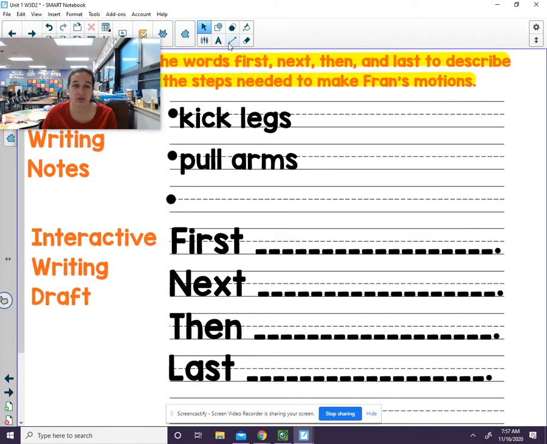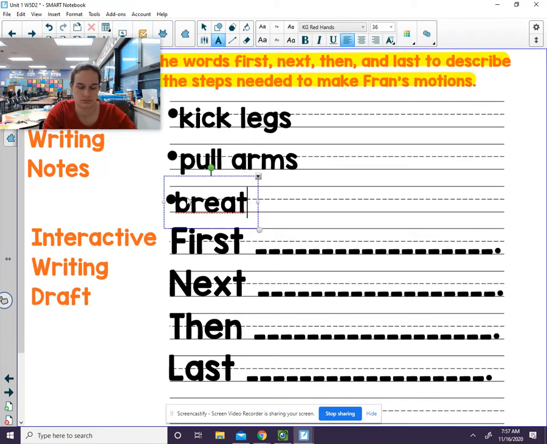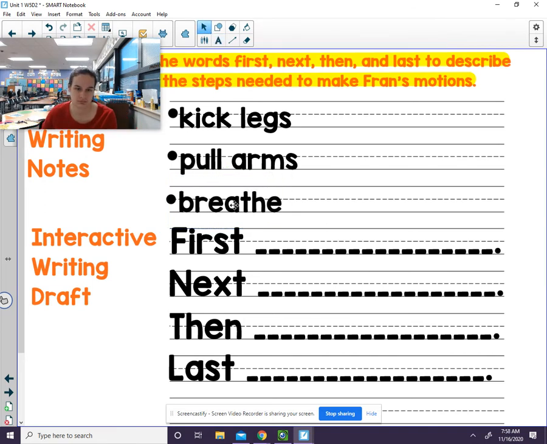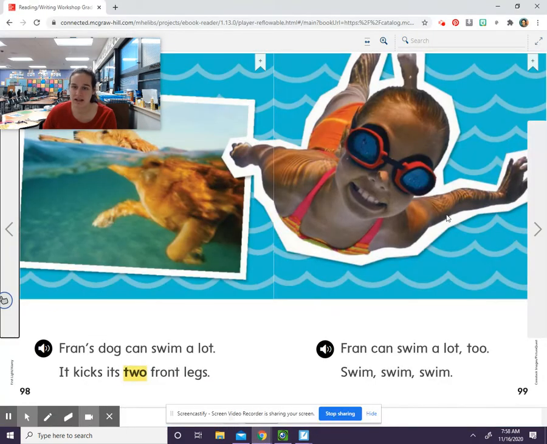That's something really important to remember when you swim. Okay. We have some really good ideas here for us to get started writing. Now you notice we had to make some inferences to find out some ideas on how to swim because it didn't give us all the words down here.